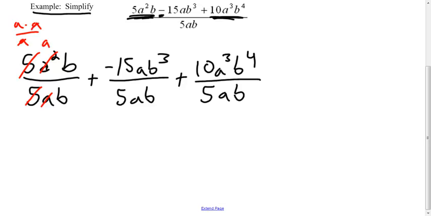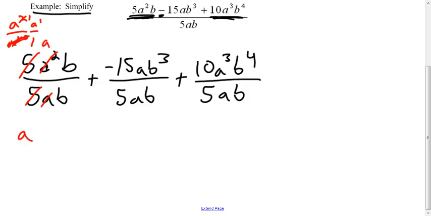So we just take one out of each, and we know that we have just that a left. Or we can notice that we have a squared and a to the 1. And if we subtract 1 from each of these, a to the 1 down here becomes a to the 0, which is 1. And on top we have a to the 1, which is the same as a. And a over 1 would just be a.